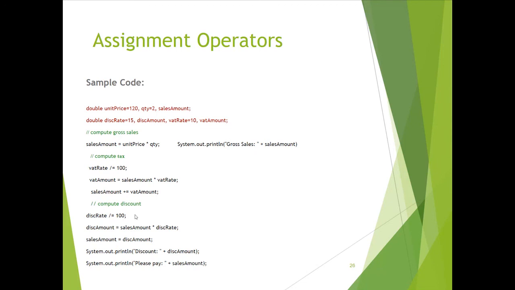Okay? So let's try to see paano nakuha yung discount. Okay? For discount, ito. So let's have this rate which is 15. So 15 divided by 100, what will be the value? Anyone? 0.15 po. 0.15, sir.